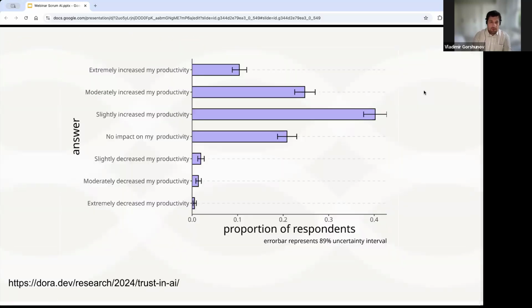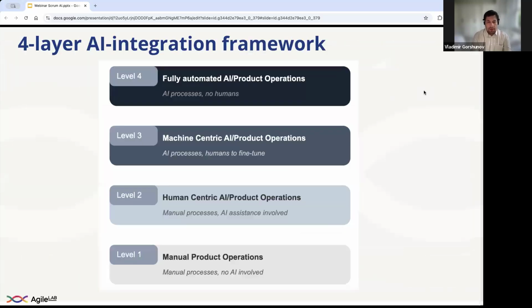And when I start talking about AI agents, we should talk about this four layers of AI framework. So basically, at the moment when the current Scrum Guide was released in 2020, we had a development team doing the activity to deliver the product, right? So it was clear.